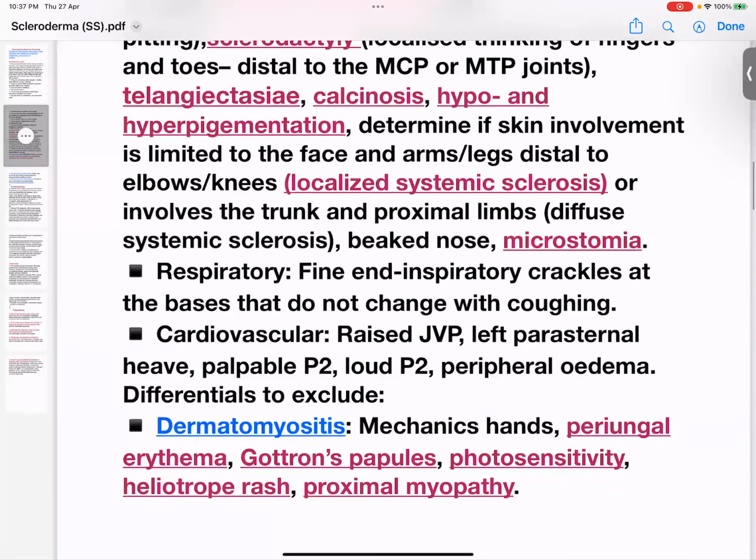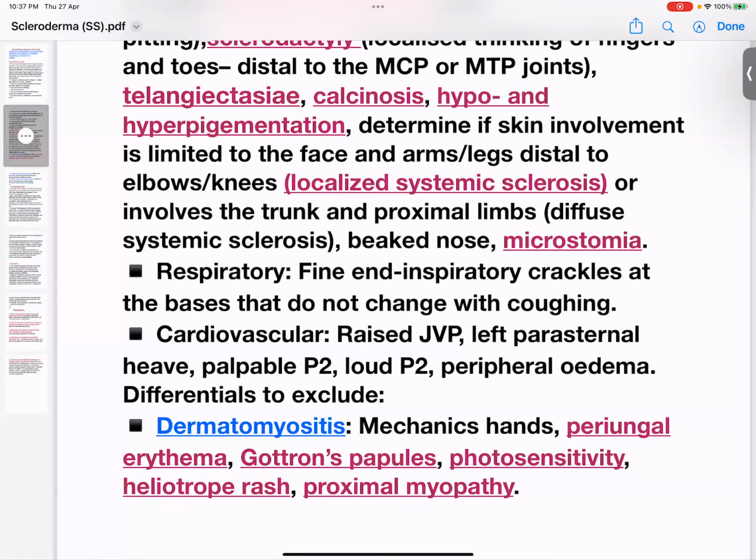Sometimes it's localized systemic sclerosis. Microstomia, here, as our colleague mentioned, microstomia may be used, small mouth, but buccal mouth is better describing the presenting symptom or sign, which is furrows around the mouth, wrinkles around the mouth.